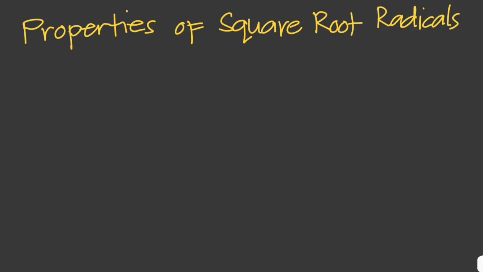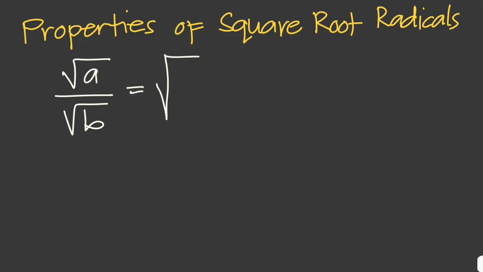The quotient of the square roots of two numbers is the square root of the quotient of the two numbers. Let's say we're given the square root of a divided by the square root of b. So we can write this as the square root of a over b, where b should not be equal to 0.